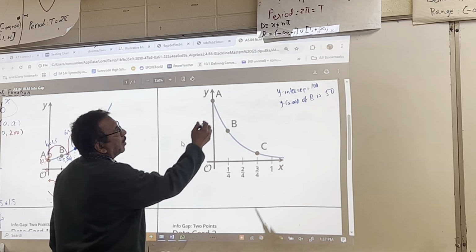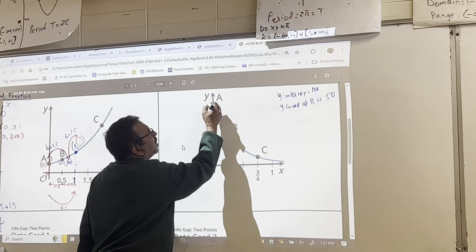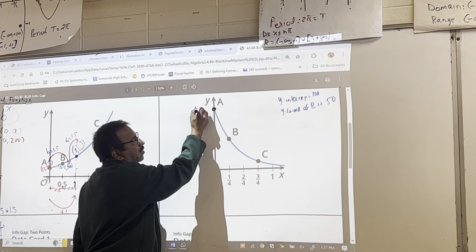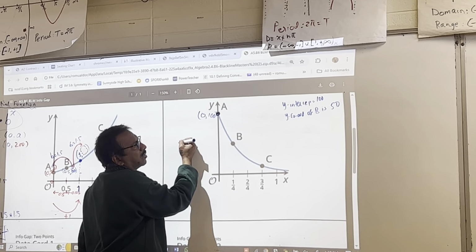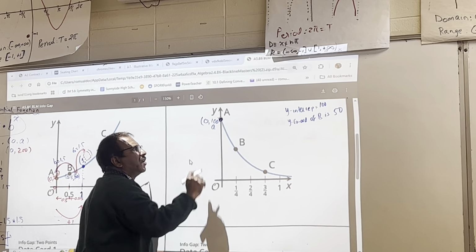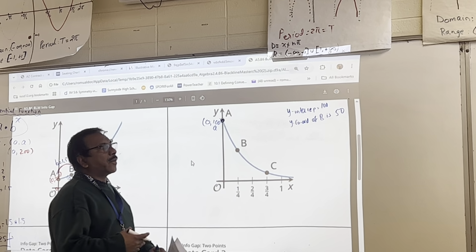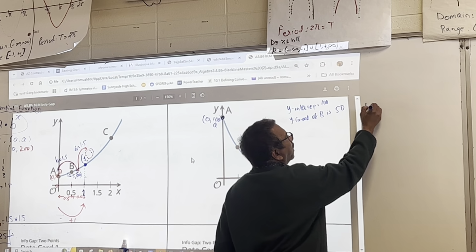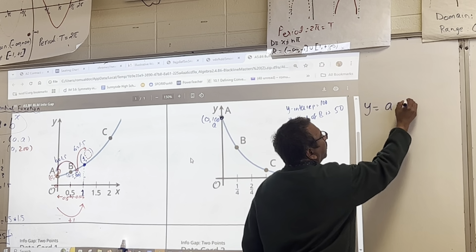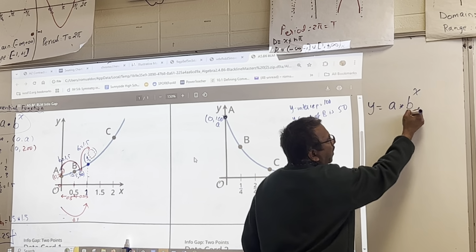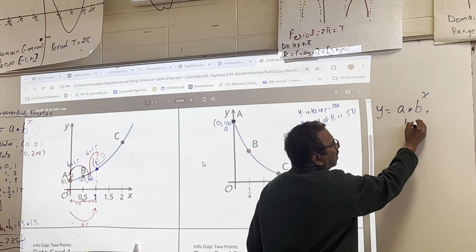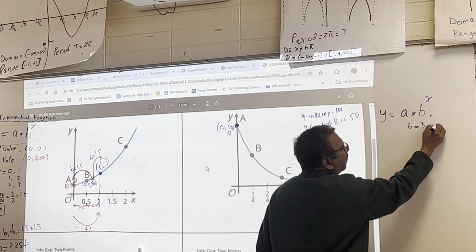So, if the y-intercept is 100, can you write down here? This means this 0 is 100. So simple. So that's the A part, the initial value. So when you write the equation, y equals A times b raised to x. Again I repeat, this b is the decay factor.